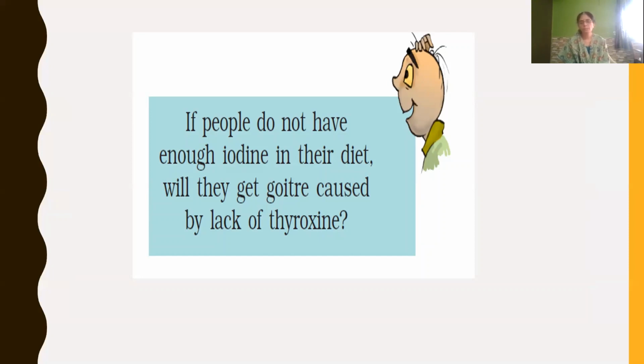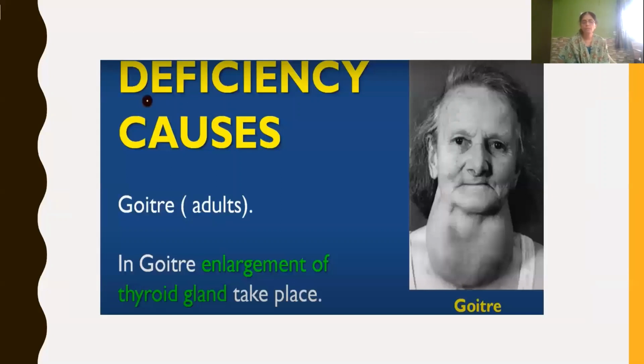If you look at the salt packet, it will say iodized salt. That is, the presence of iodine is very, very essential. Deficiency of iodine causes goiter, that is, swelling of the neck region. That is nothing but enlargement of the thyroid gland. It is a deficiency disease of thyroxine. For production of thyroxine, what is essential? Iodine is essential. So lack of iodine leads to the deficiency disease called goiter.